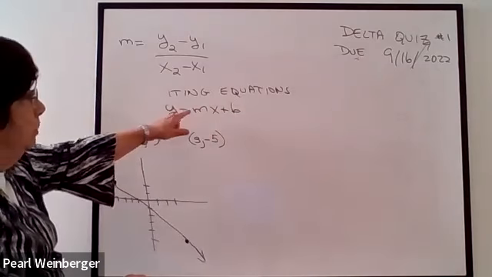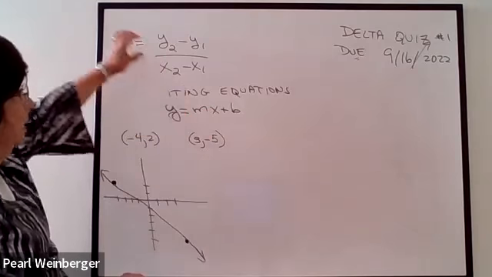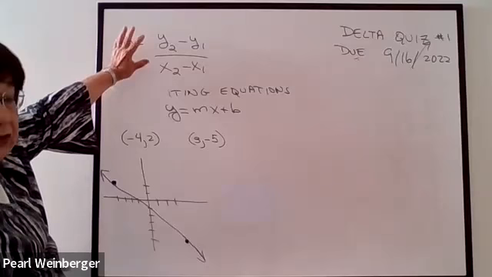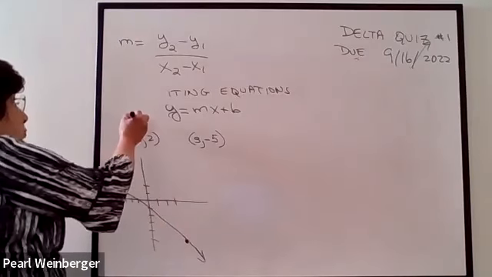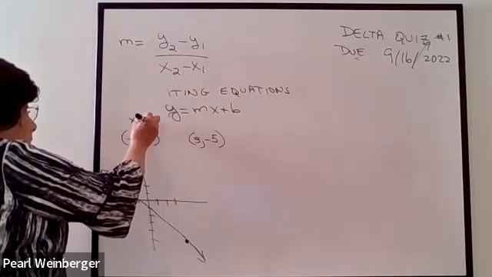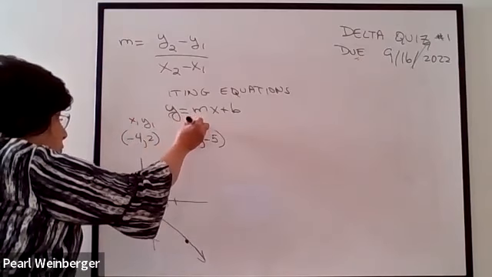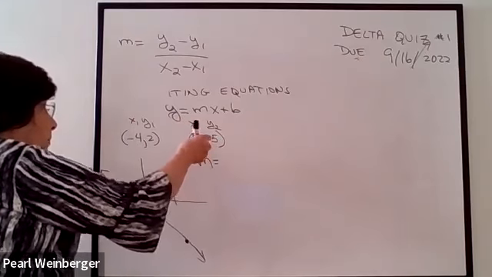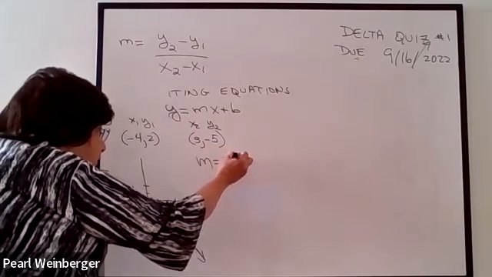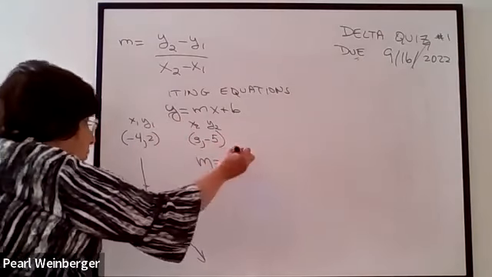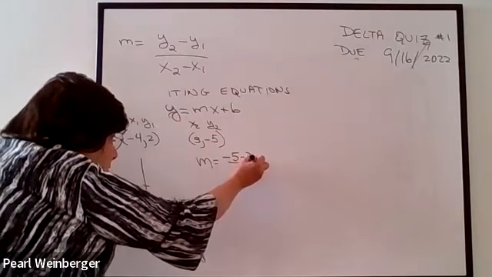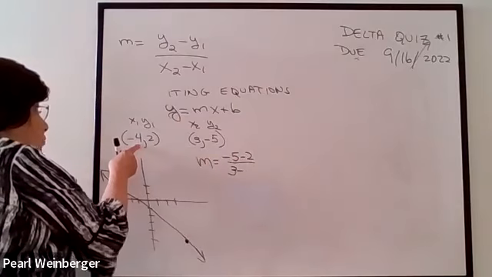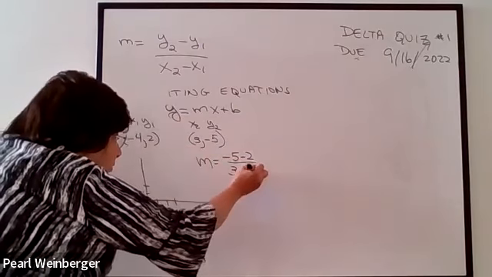The first thing we always look for is the slope, especially when we have 2 points, because we know we can find the slope using this formula. Let's call this our x1, y1, and this our x2, y2, like we did before. And let's find the slope by doing y2, which is -5, minus y1, which is 2, over x2, which is 3, minus x1, which is -4.